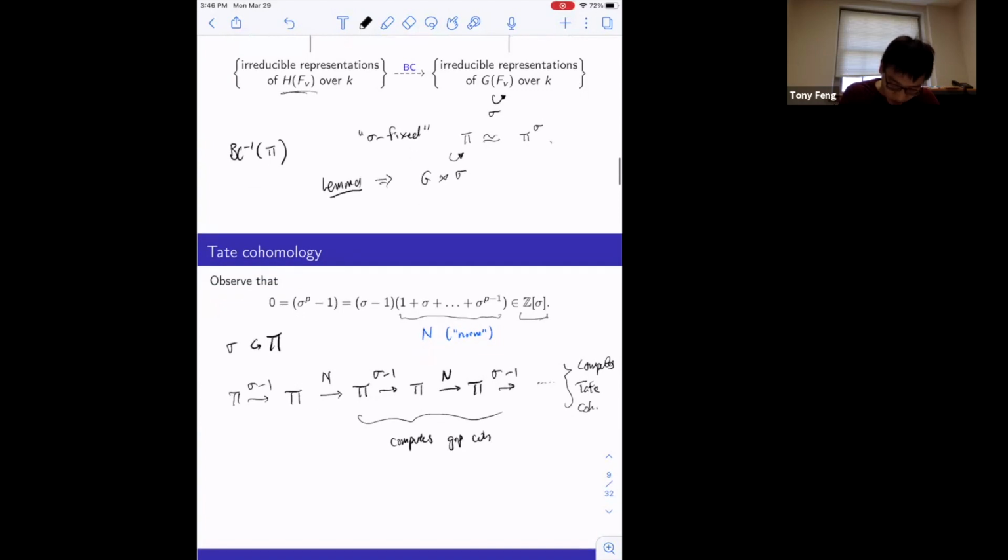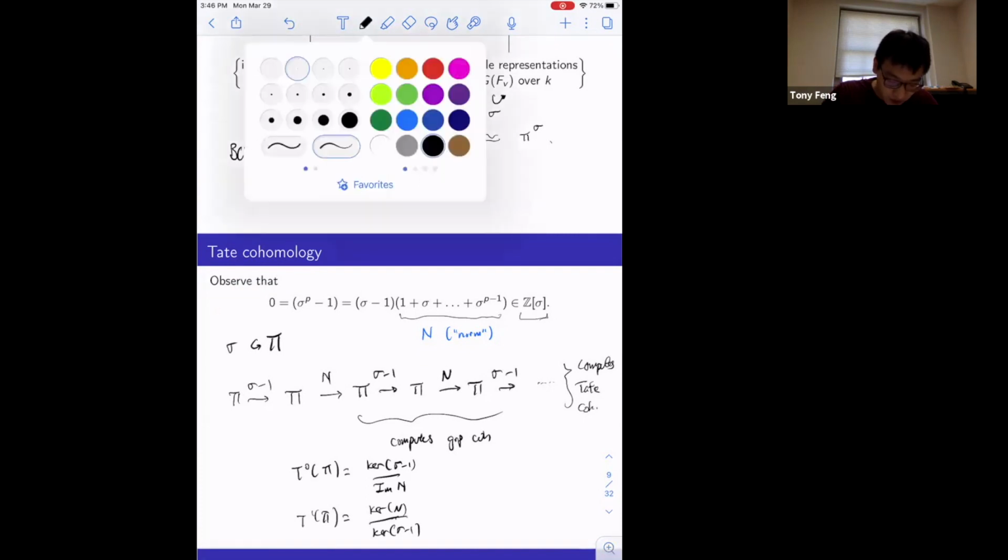More concretely, I can just define T0 of P to be the kernel of sigma minus 1 modulo the image of this norm operator, and T1 of P to be the things in the other order. I could define the higher Tate cohomology groups, but they would all be the same as one of these. It's because the complex is evidently two-periodic.